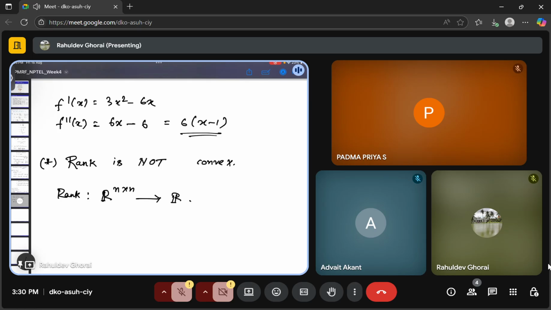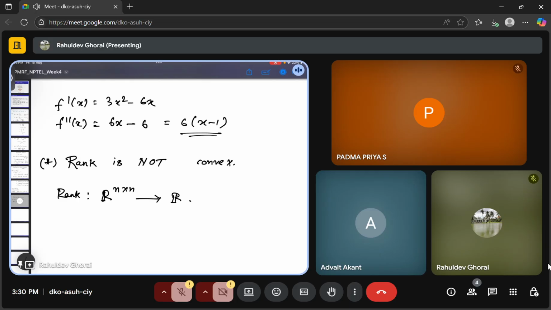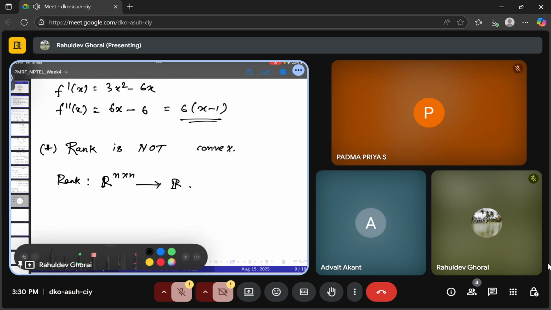Do you know about rank or not? I don't know. Okay, then leave it. Sorry. So vector space, all these things you don't know. No, I'm in first year. Okay, I'll just erase this part. I just wanted to tell you. I thought you might know. No problem at all.